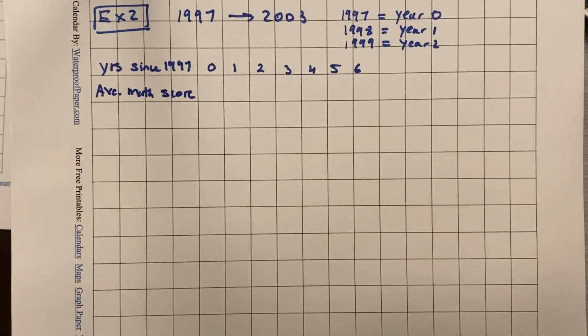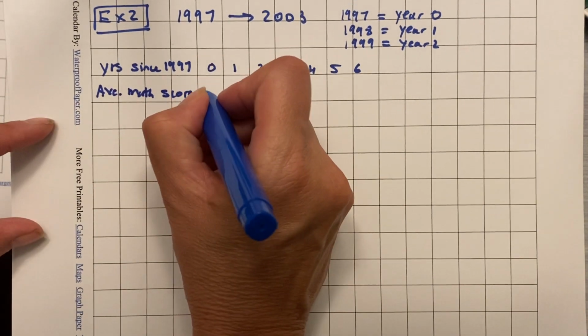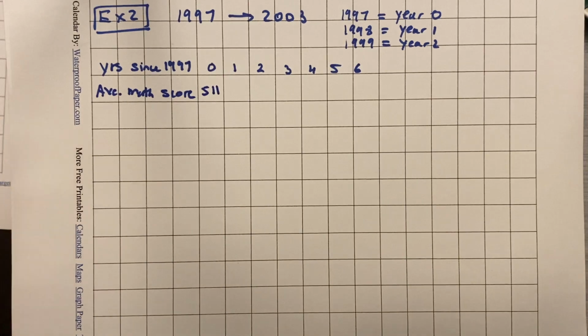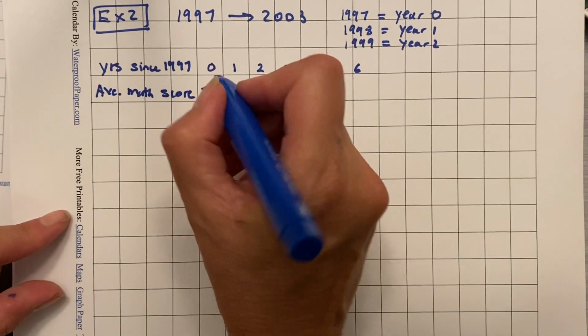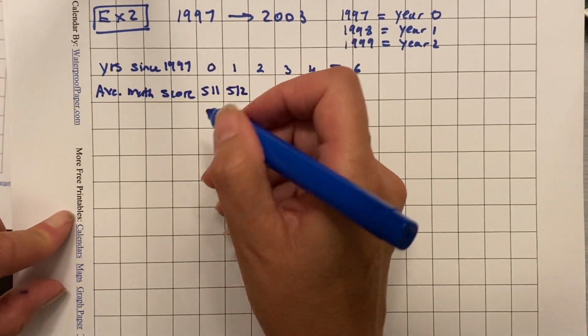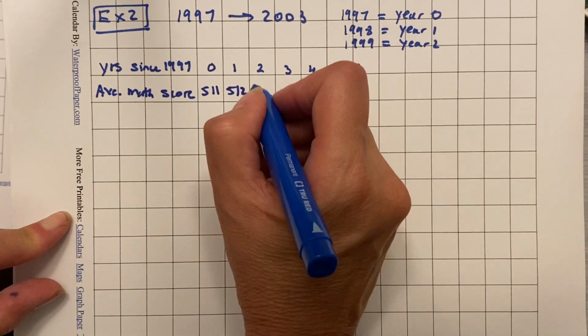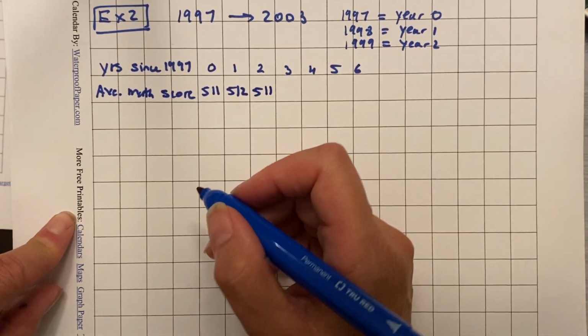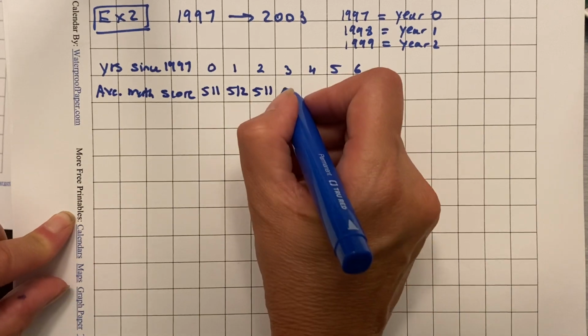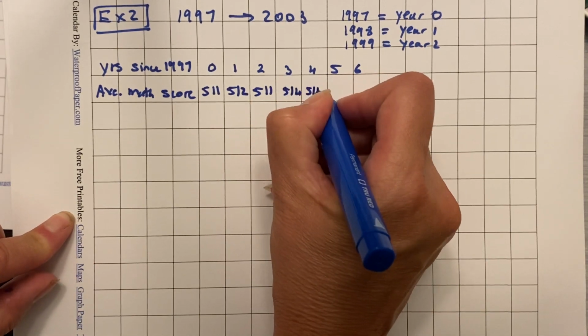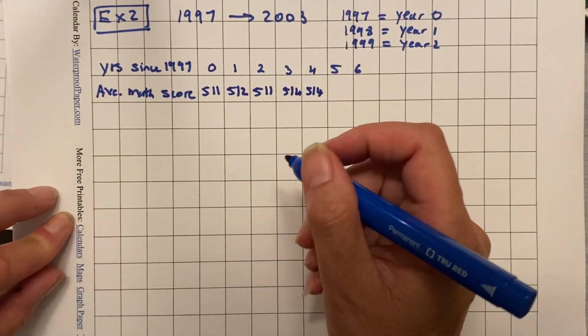So the average math score in 1997, which we're calling year 0, is 511. The next year it was 512. Then it was 511 again, 514, 514, 516, 519.